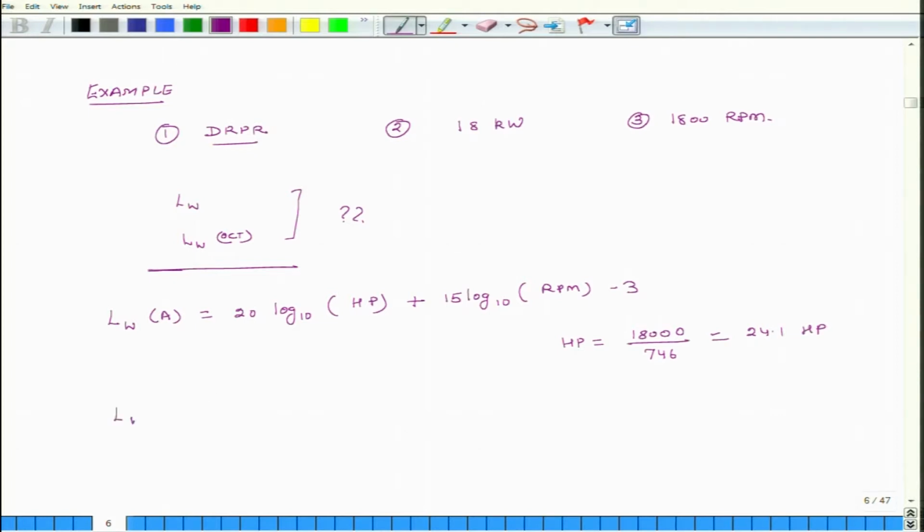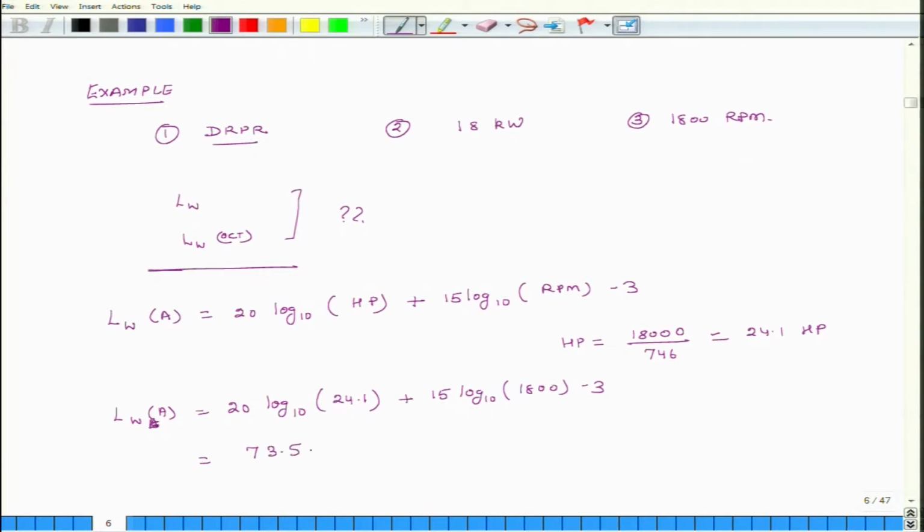So, LWA equals 20 log base 10 of 24.1 plus 15 log base 10 of 1800 minus 3, and that comes out to be 73.5.